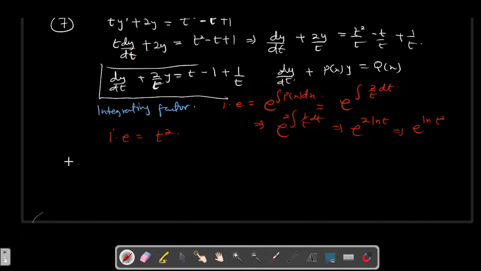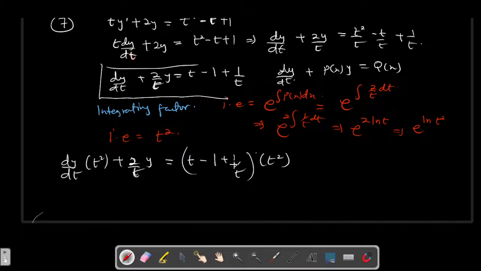Doing that, I'll start with dy over dt times my t squared, plus 2 over t multiplying y, then is equal to t minus 1 plus 1 over t, all multiplying what? t squared. Sorry, we multiply everything by t squared, everything you have by t squared.